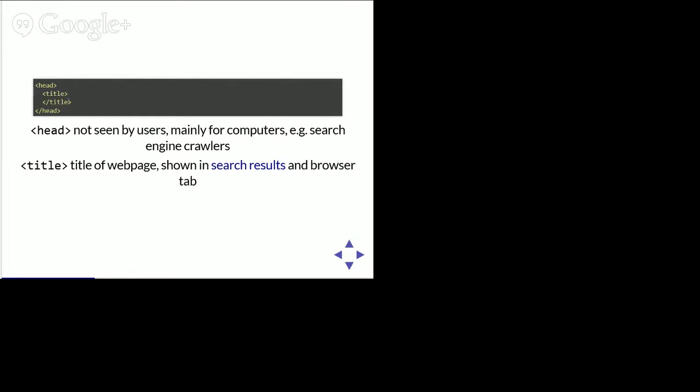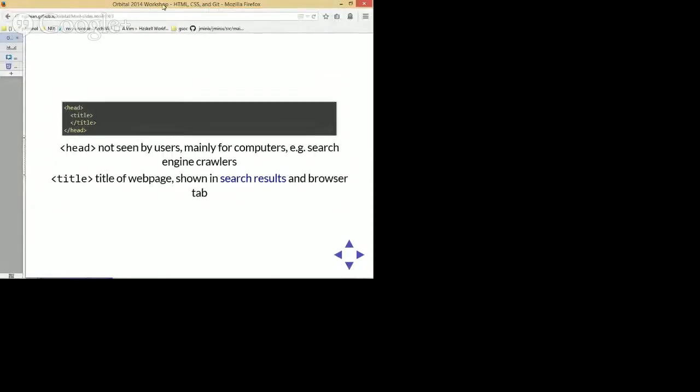What is important for us is actually this title. For this slide I set the title to be this Orbital 2014 workshop, and the title is displayed when you search for web pages.